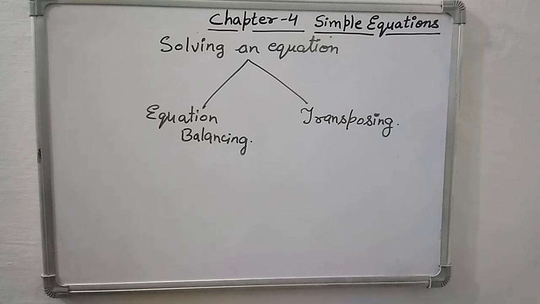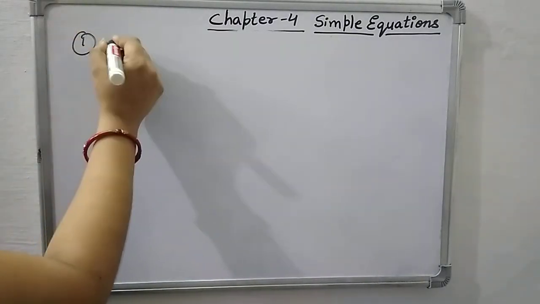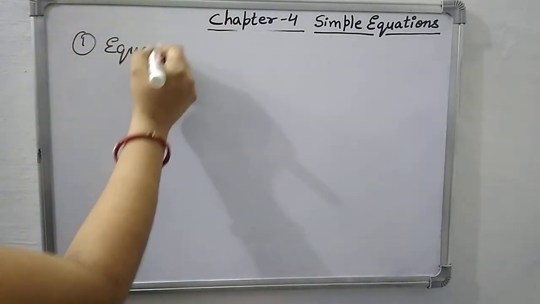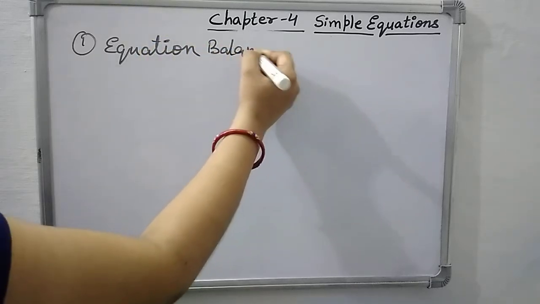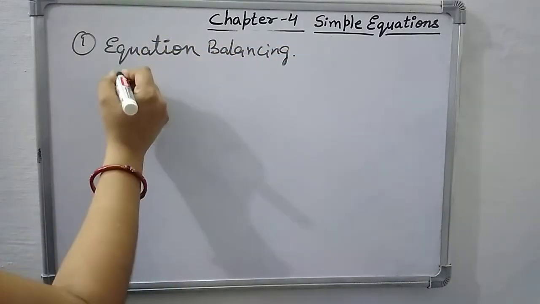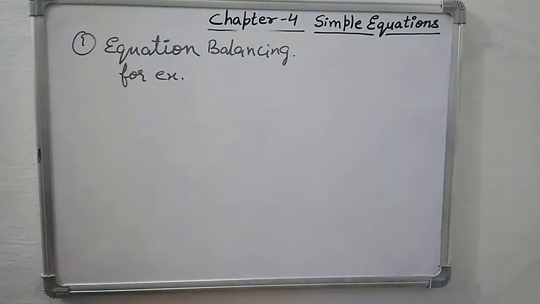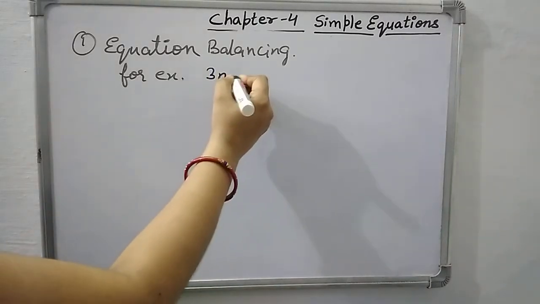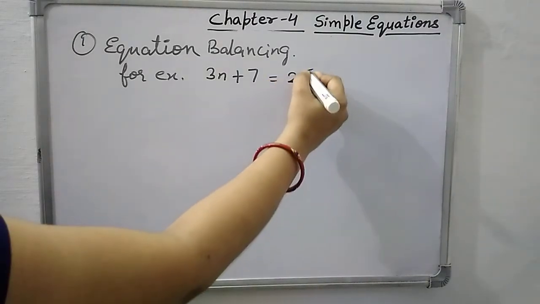So first let's understand equation balancing. Here for an example, we need to solve an equation 3n plus 7 equal to 25.